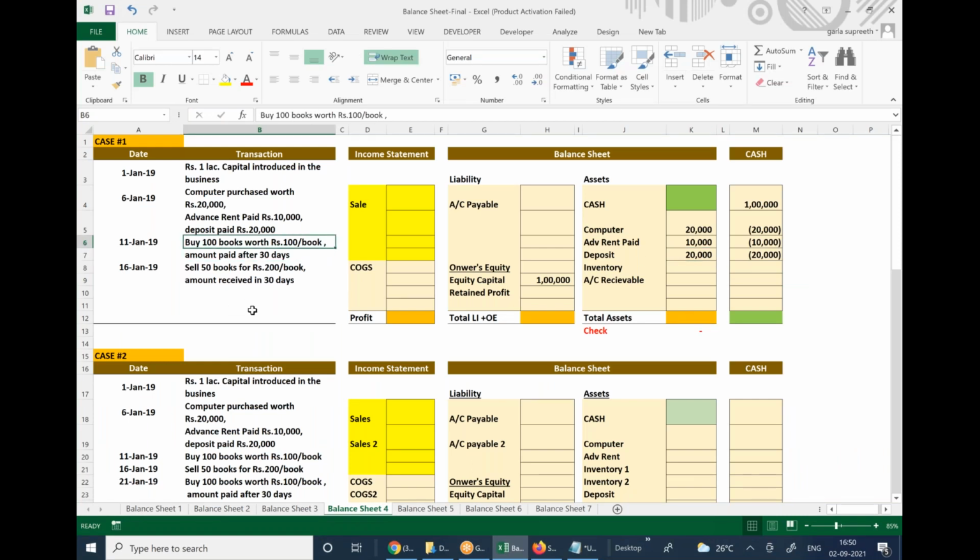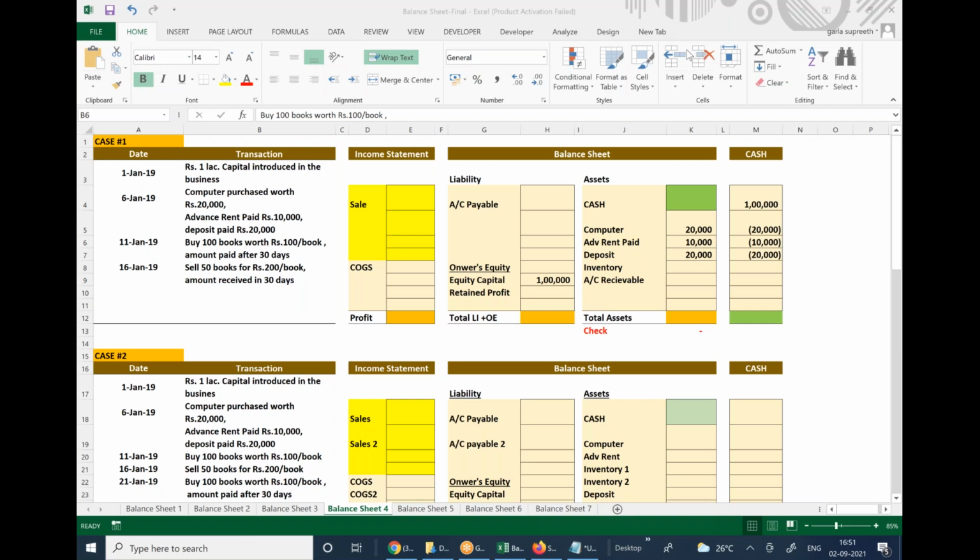What is it asking? On 11th January, I bought 100 books worth rupees 100 per book. Amount paid after 30 days. Can you tell me what I should do on 11th Jan? How should I record this? Fantastic.